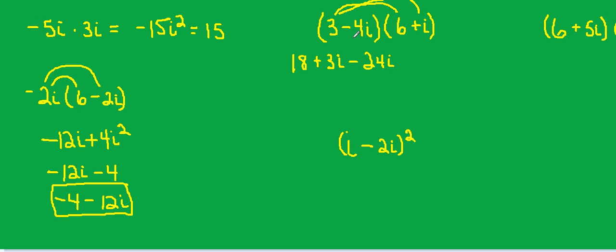And last looks like it's negative 4 times negative 4i times i, which is going to be negative 4i squared, which makes this positive 4. I squared is negative 1, times negative 4 is positive 4. Add the 4 to the 18, they're like terms, so I get 22. And then 3i minus 24i is minus 21i.